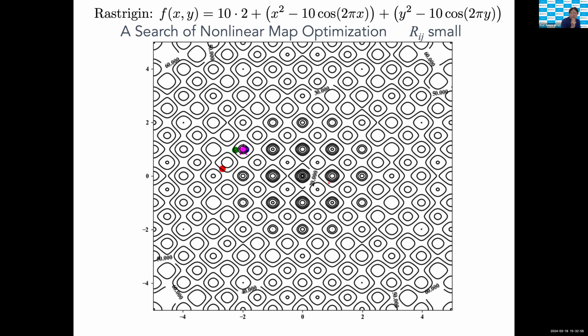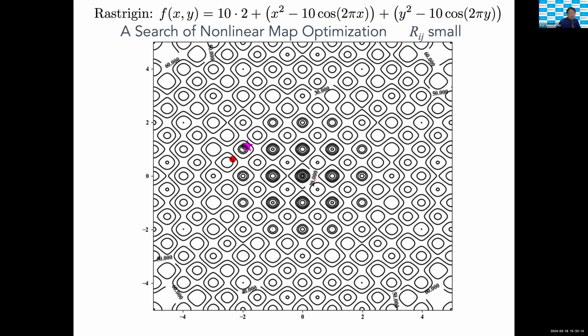This is a case where the minimum value of the Rastrigin function is searched using nonlinear mapping optimization. In nonlinear mapping optimization, the search range can be determined by the parameter Rij.